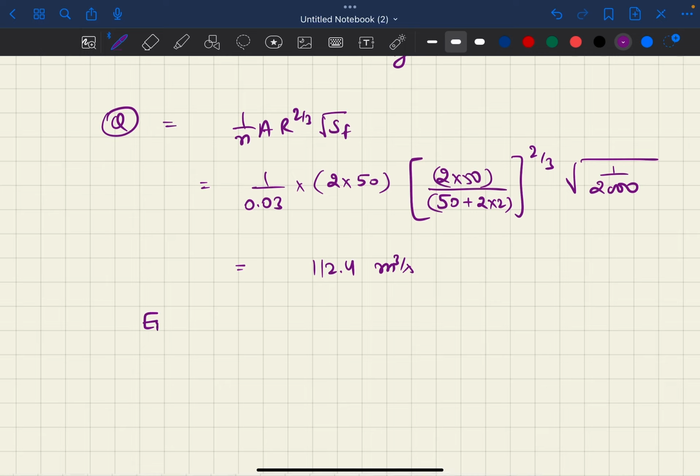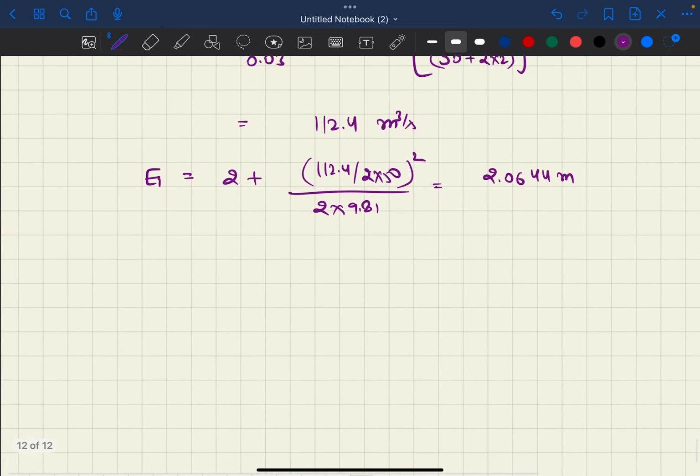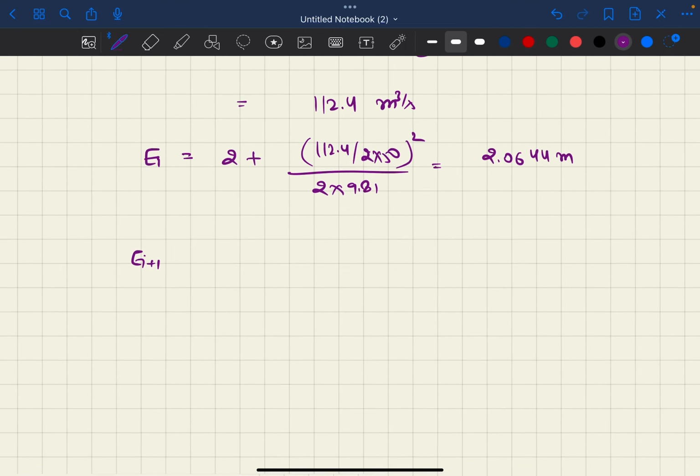So E1 will be 2 plus 112.4 upon 2 into 50 whole square upon 2 into g, which will be equal to 2.0644 meters. Now I'll calculate E(i+1), which will be equal to 2 plus 1.5 plus 112.4 upon 3.5 square upon 2 into 9.81.